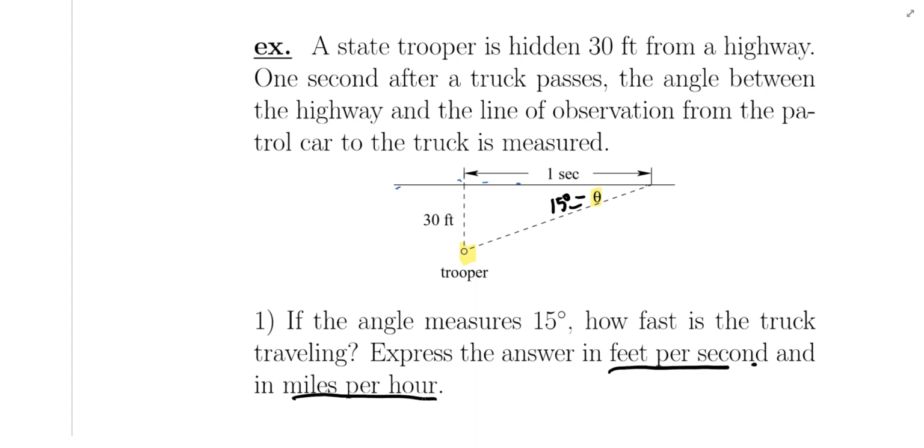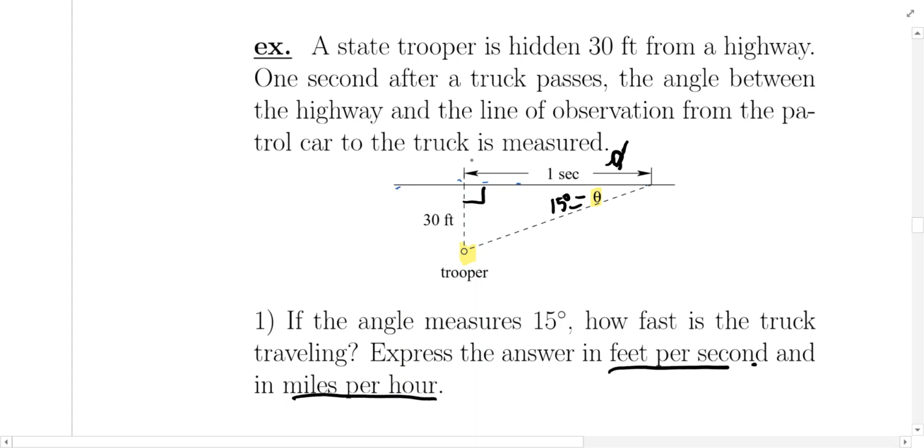So the car is right here, and after 1 second, do you agree that it travels a certain distance, d, right? So we're looking at this right triangle after 1 second. The trooper is here, the car is there, and the angle is 15 degrees.